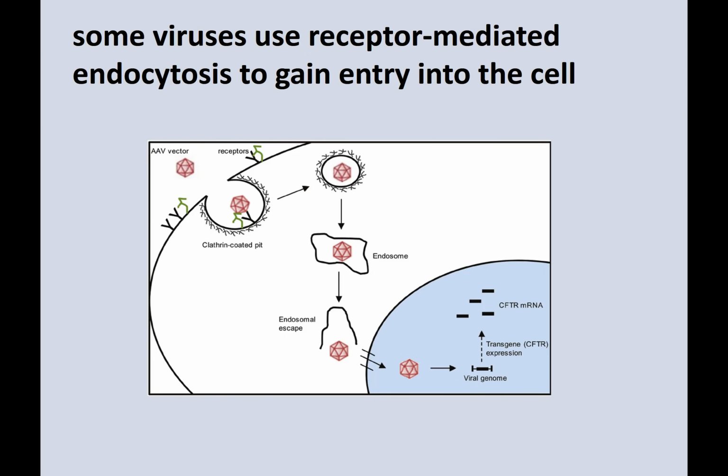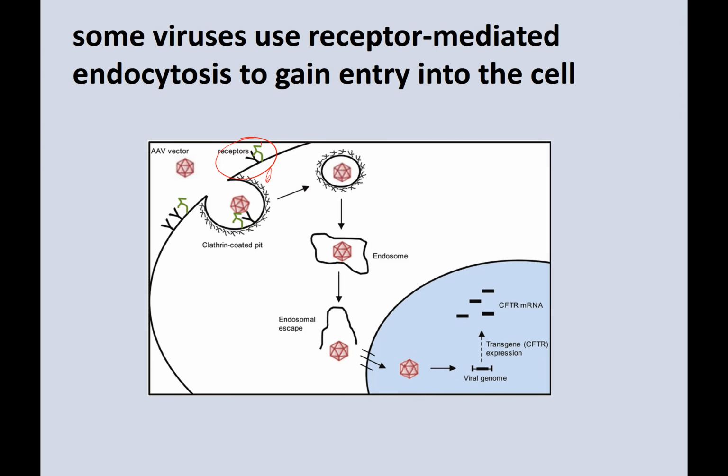One of the reasons I find receptor-mediated endocytosis so interesting is that this is a way a lot of viruses trick the cell into taking them in. So there are some viruses that bind to receptors on our cells. So these are receptors that we normally use for other processes. Okay. And the viruses have evolved to bind to these receptors and trigger endocytosis. And then what's really cool is a lot of these endocytic vesicles then will fuse and become a lysosome, and you get digestion.